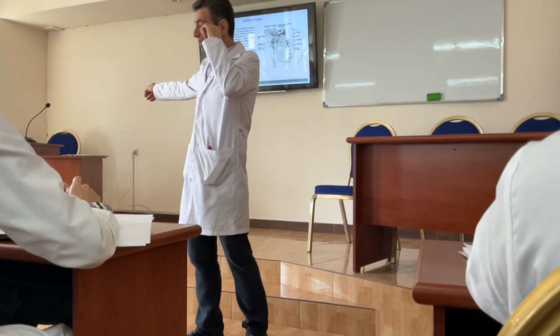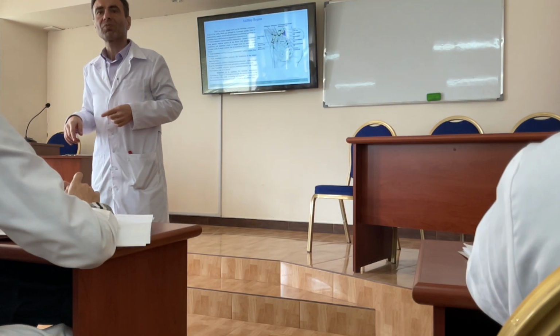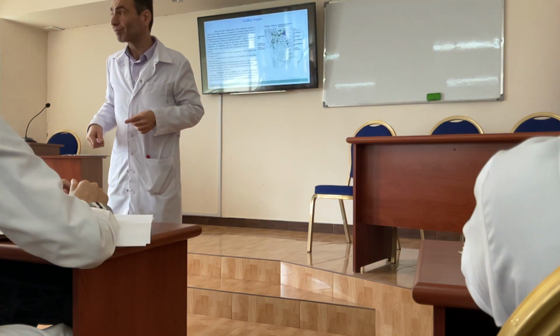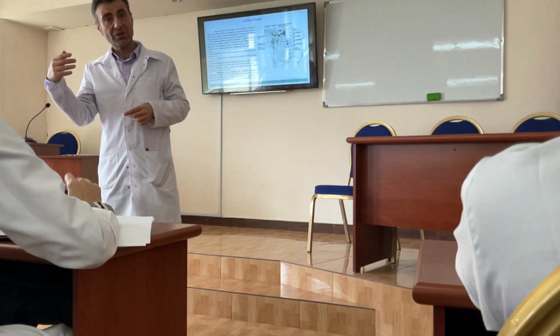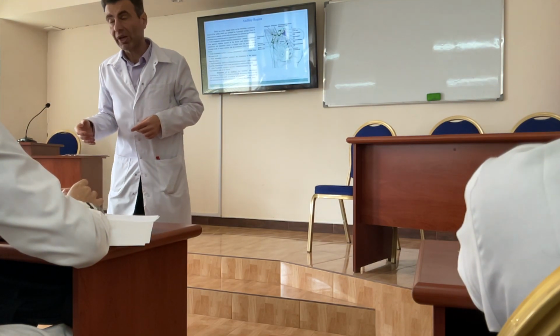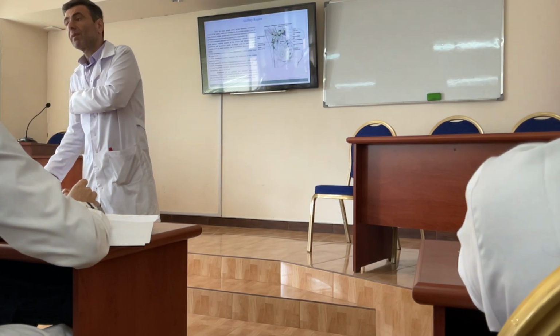Next week I give a lecture for 6th-year and 5th-year students, and we speak about breast cancer. I show the surgeries, and one of the surgical mistakes is when the surgeon removed the lateral group of lymphatic nodes.